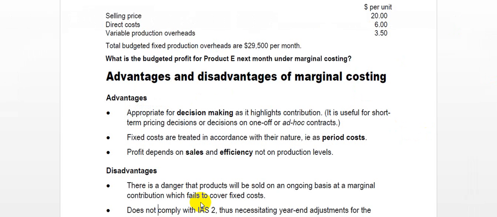What are the advantages of marginal costing? It's appropriate for decision making as it highlights contribution. So it is used in short-term decision making, because in short-term decision making we want to look at relevant costs.